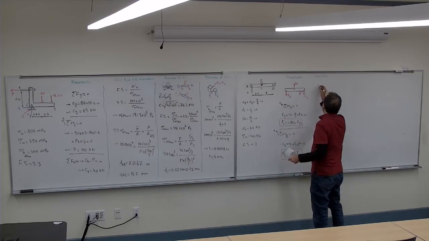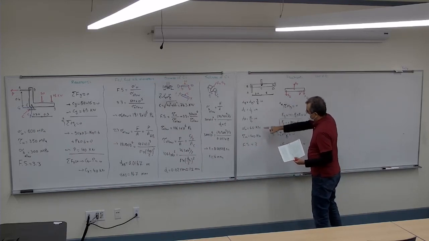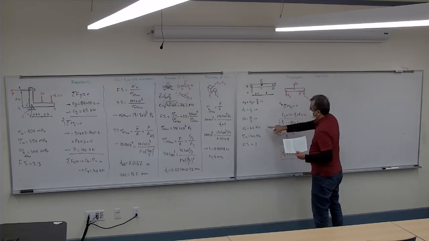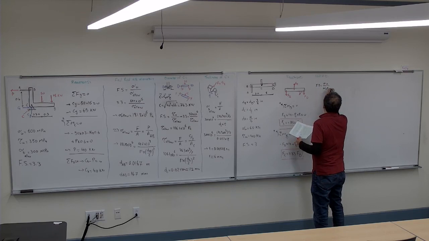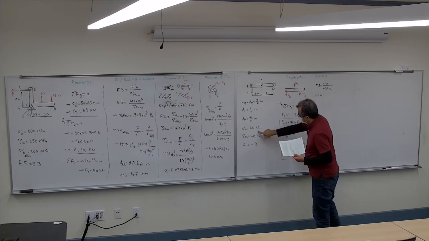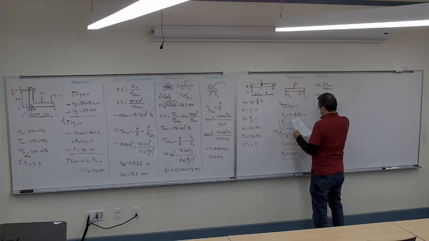So again, we have the ultimate. The factor of safety is the sigma U divided by sigma allowable. So 3.3 is equal to 60 divided by sigma allowable.